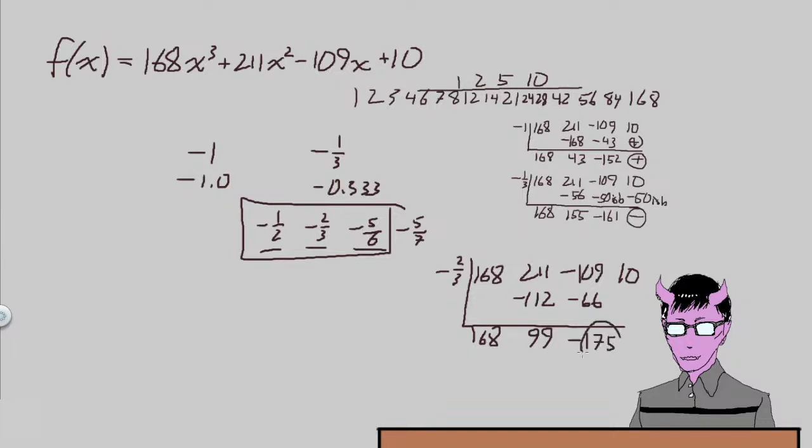175. Is this divisible by 3? I don't think it is. No, it's not. This is 12. 12 plus 1 is 13. 13 is not divisible by 3. It is a tragedy. But it's okay. Continue on as much as possible.